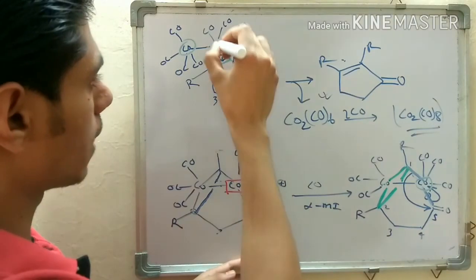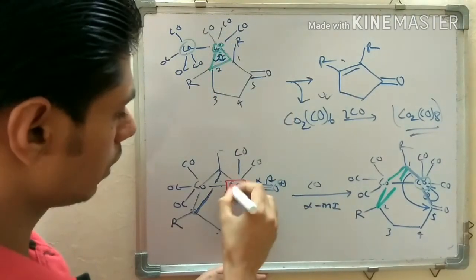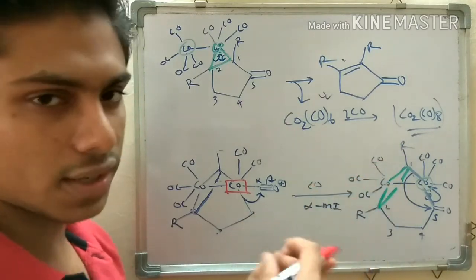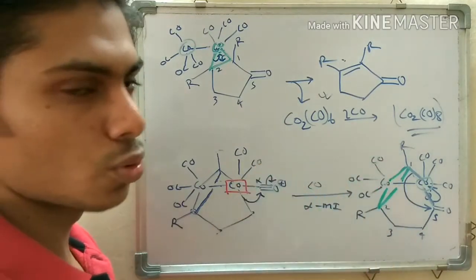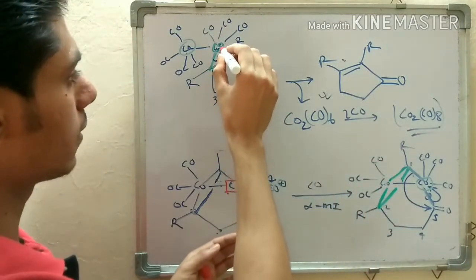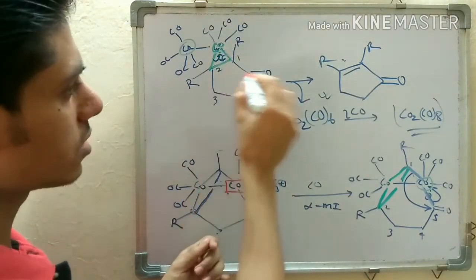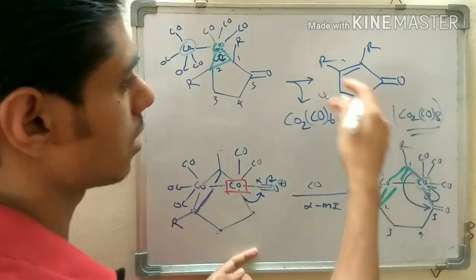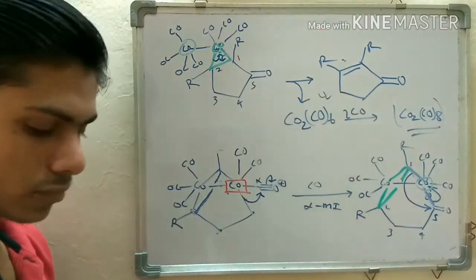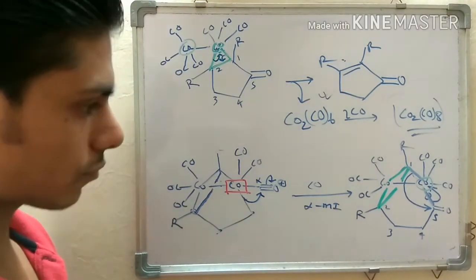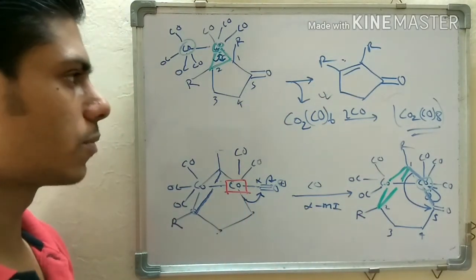So before this last step, only one cobalt center you have to focus on, and all the reaction sequence I discussed you have to do, and then after that you do this reductive elimination step, and out of this you will get this cyclopentanone. So this reaction is very important, and it is the full mechanism of the reaction.